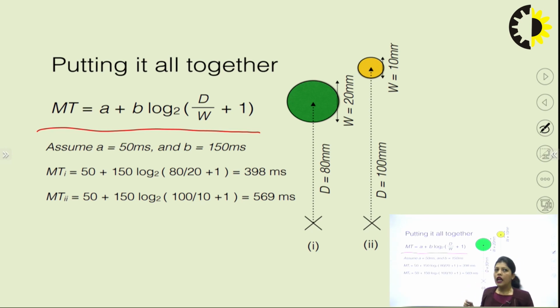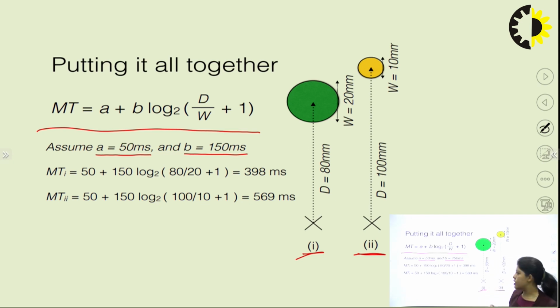Let's assume A is equal to 50 milliseconds and B is equal to 150 milliseconds, and this is image 1 and this is image second. You can clearly see that in image 1 our object size is large as compared to the object size in image second. This is the object size and this is our cursor.